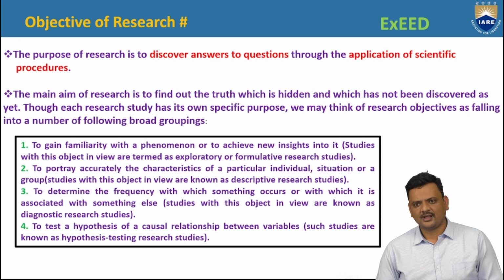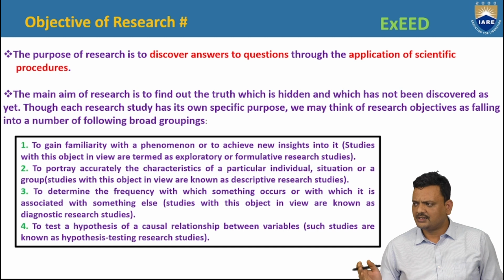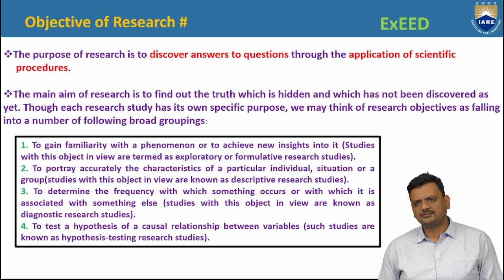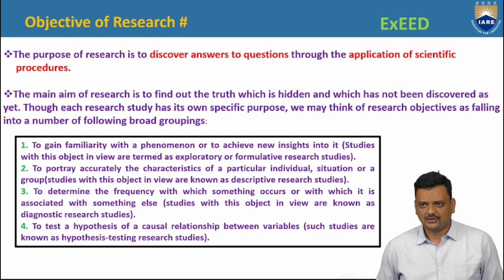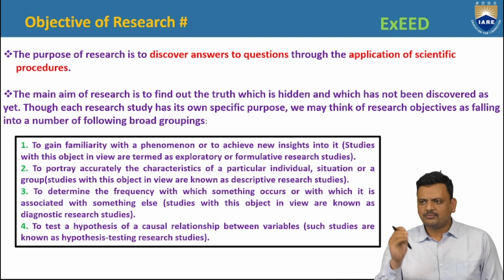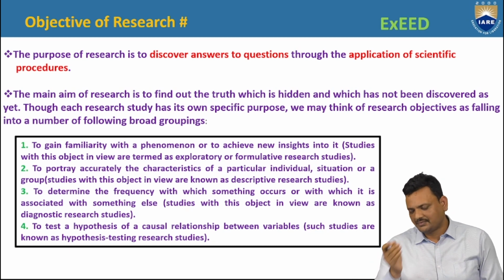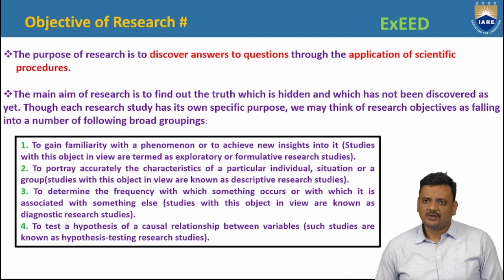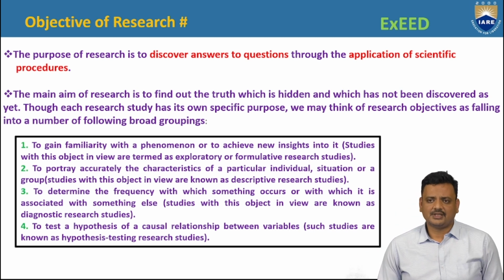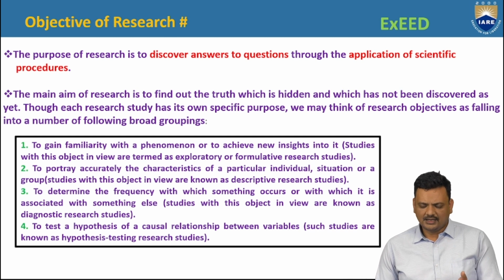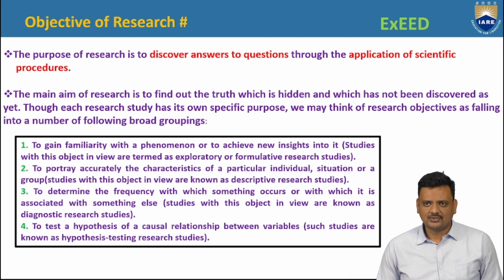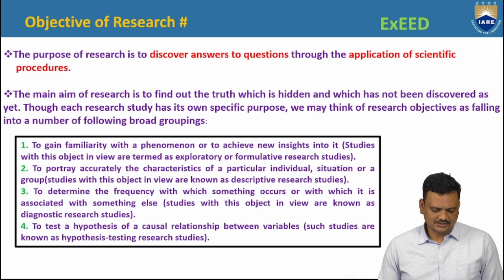Suppose there are several materials which can generate light with the help of electricity, and we can group all these materials in one group. Now, if another material comes which can generate light with the help of electricity, that material will go in the same group. That type of research is known as diagnostic research study.